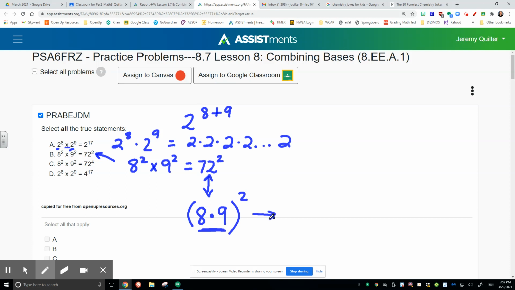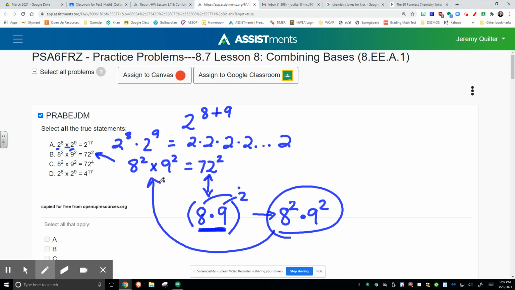When we consider the piece about having a power of a product inside, by some accounts distributive law, we would take the 8 raised to the second power, and we would take the 9 also raised to the second power. And we see that this expression right here ends up being the exact same as this expression, which is equal to 72 to the second power. So we should be selecting option B, option A.